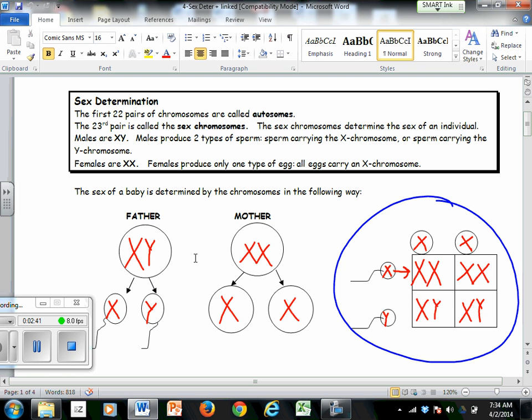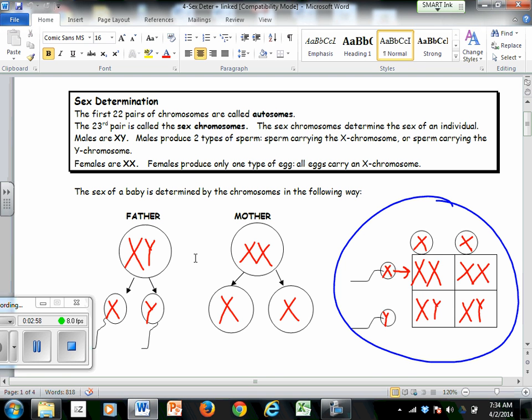So just keep in mind that Punnett square we have up on the board, that is the base Punnett square that we're going to be working with. So you should have, whenever we do the sex-linked trait problems, you should have at least that Punnett square drawn out. And that'll make a little more sense as we go through it.